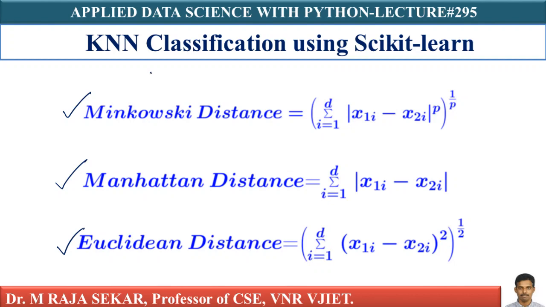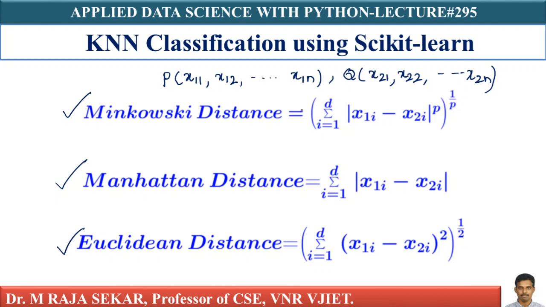For the time being, let me assume I have a point P whose coordinates are x11, x12, and so on up to x1n. This is one point. Let me say there is another point x21, x22, and so on up to x2n.